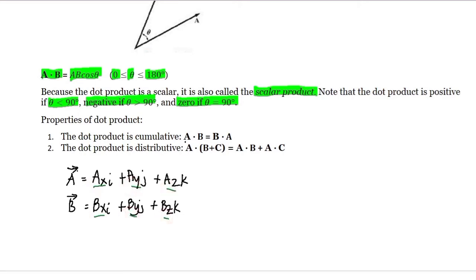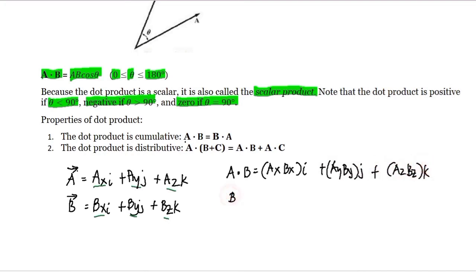So it says here in property number 1 that the dot product is commutative. Let's say we have A dot B, that is just equal to AXBX plus AYBY plus AZBZ.